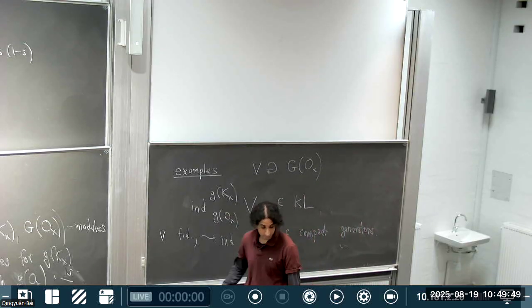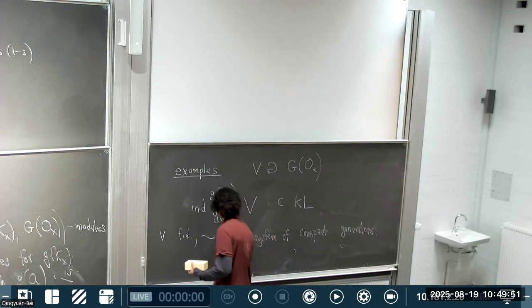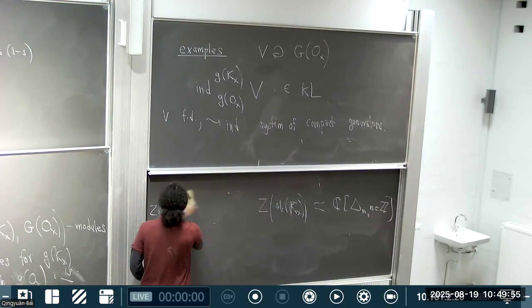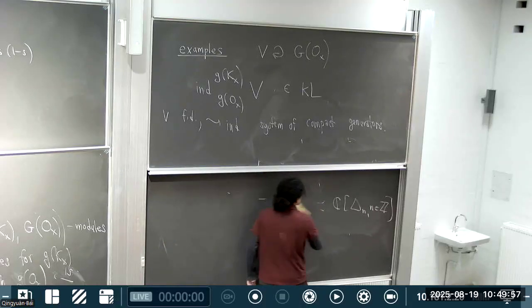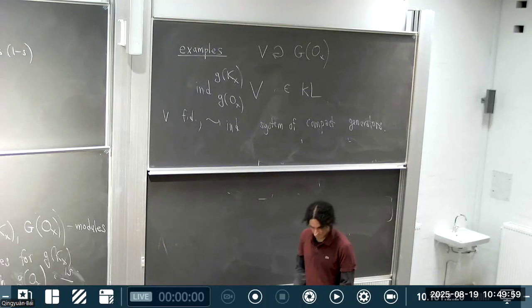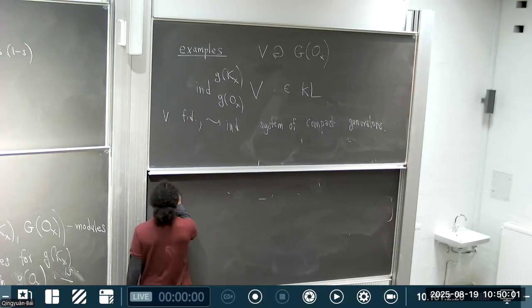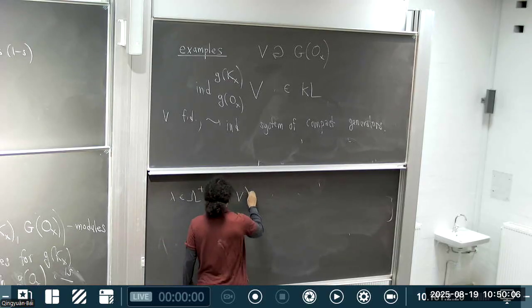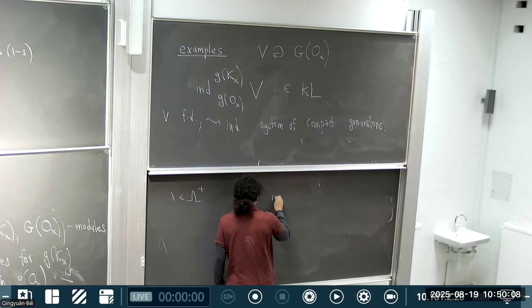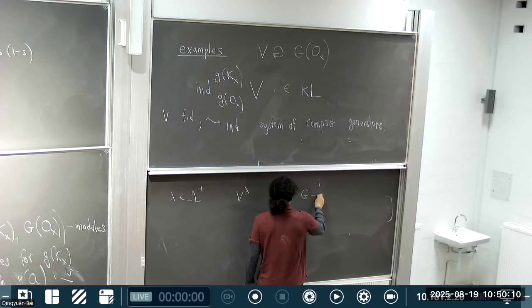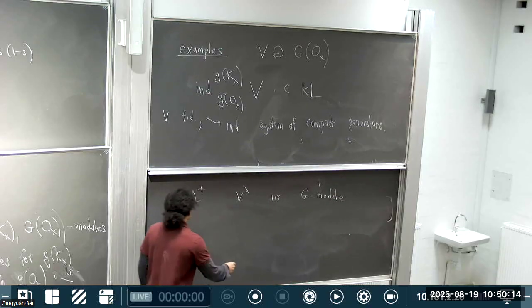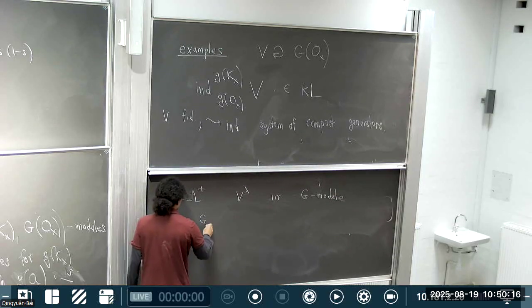Okay, let me specialize this. So if lambda is the dominant weight, V lambda is the irreducible G module with highest weight lambda.